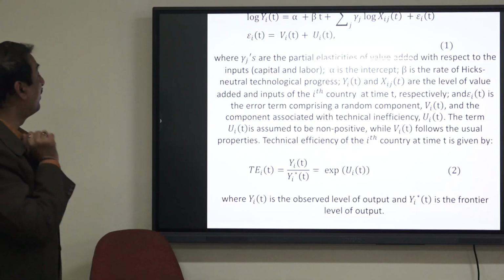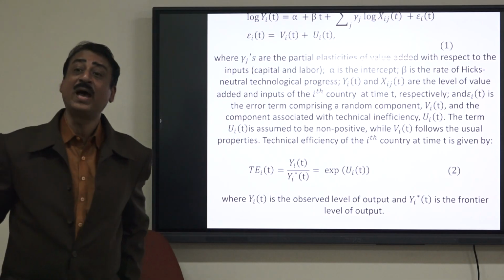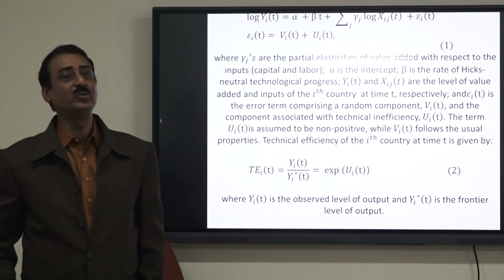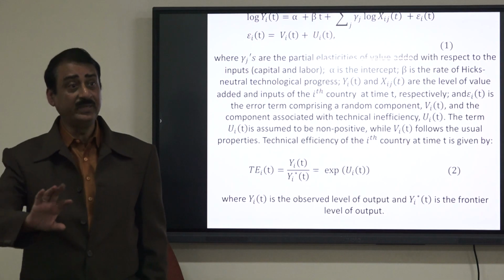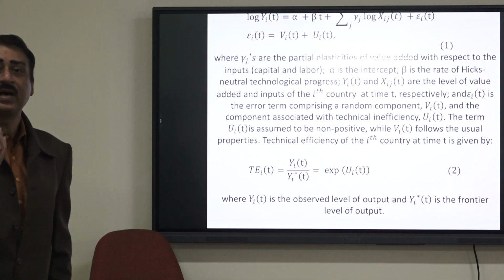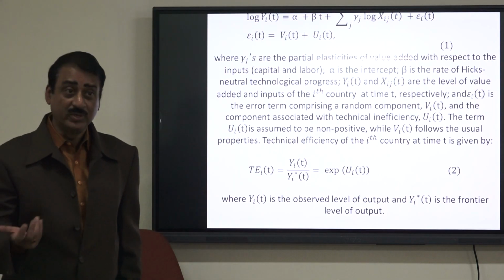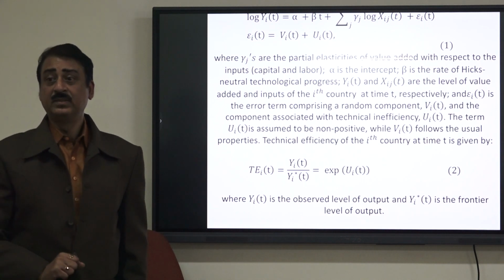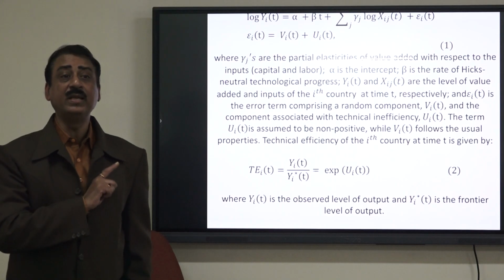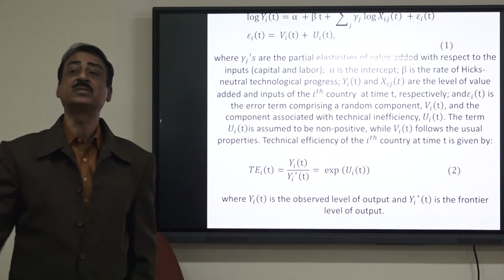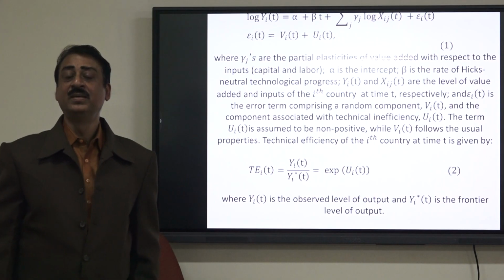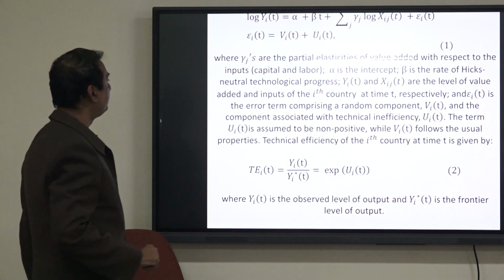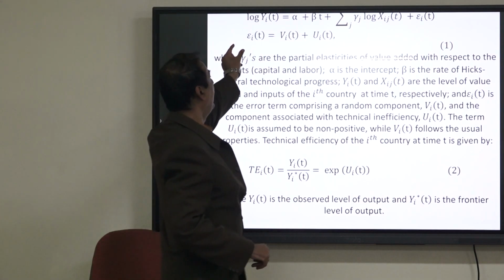But the interesting point in panel data is that you don't have to specify a certain distributional property for U. In cross-section, you have to believe that it follows a half normal distribution or exponential distribution or gamma distribution, the positive distributions. But when you are dealing with panel data, you don't have to subscribe to that kind of assumption. It is all in relative terms. You will estimate this equation, and then you will get the error terms.